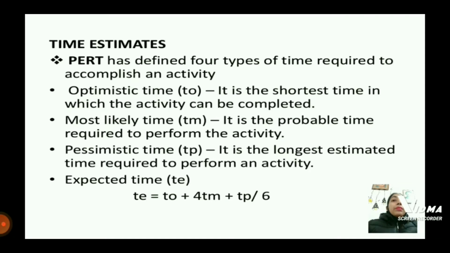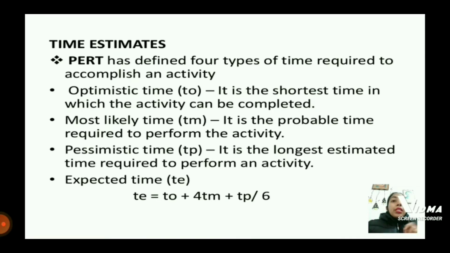So, how do we estimate time in PERT? PERT has defined 4 types of time required to accomplish an activity: optimistic time, most likely time, pessimistic time, and expected time. Optimistic time is denoted as TO. It is the shortest time in which the activity can be completed.